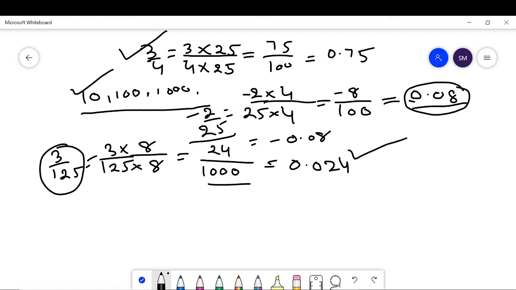These are all terminating, meaning the decimal ends. These are called terminating decimal numbers.